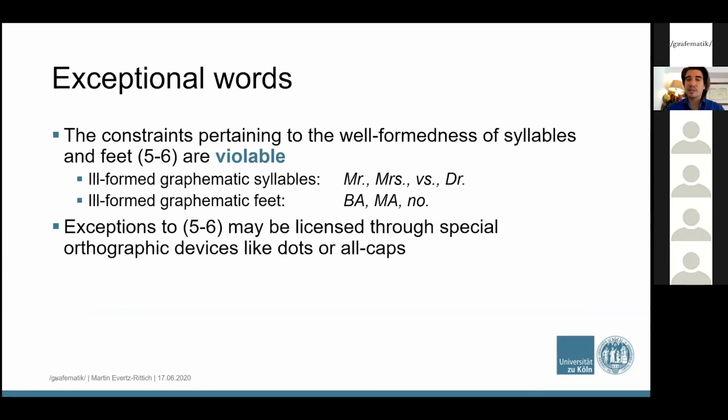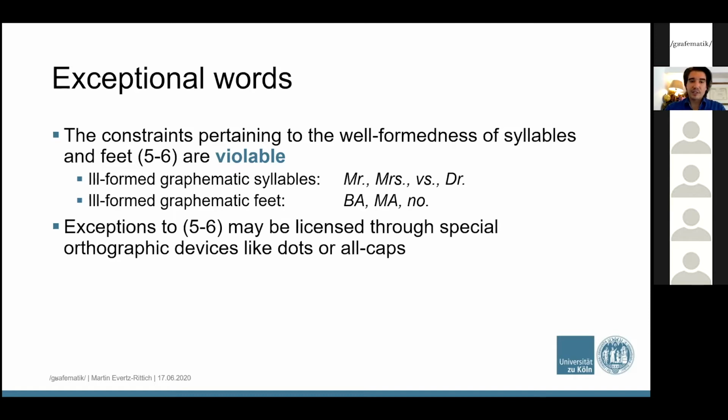There are, of course, exceptions to the well-formedness constraints in 5 and 6. For instance, we see ill-formed graphematic syllables. Normally, we would expect in a graphematic syllable the presence of at least one vowel letter, but in Mr., Mrs. versus Doctor, we don't see a vowel letter, or we see ill-formed graphematic feet, like BA, MA number, in which the minimal weight is not met.